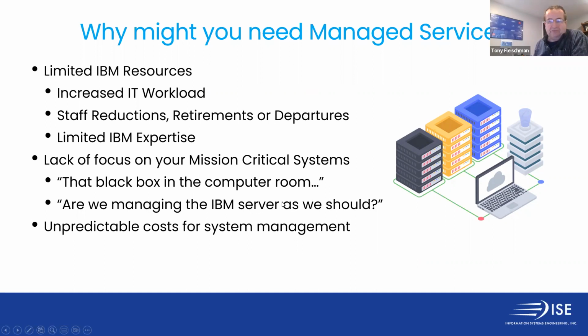Sometimes that's an uncomfortable question because you know, your system backups, your security, your performance, all those types of things. Again, it's that black box that's sitting there in the corner. Are we managing it the way we should? That can lead to unpredictable costs for system management. You need emergency calls, upgrades, all those kinds of things. And can you do a better job of planning for those events as compared to just having them occur and then reacting to them as they happen?